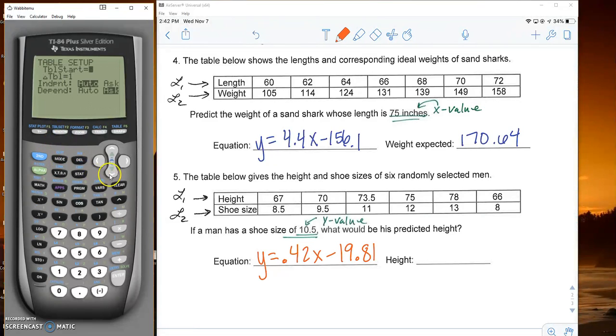Okay, so what we're going to do is just turn these back onto auto. So when we are looking for a y value, I'm just going to scroll until I get to 10.5. It's going to be a bit of a ways. We're getting closer. Okay, so 10.5 happens somewhere in between 71 to 72 inches.